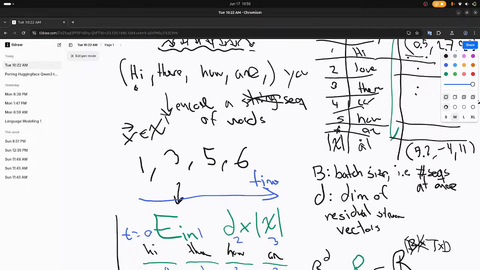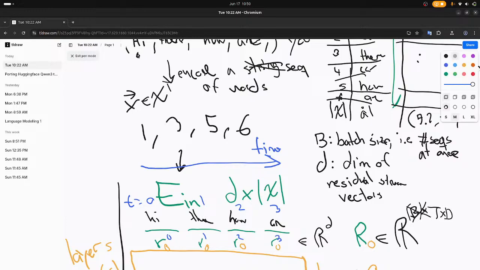And then we are taking these vectors that we found, and we're putting them next to each other like this. And they are now called the residual stream. And we think that there's a time dimension where the sequence dimension is 0, 1, 2, 3. So "how" is always corresponding to time 2.